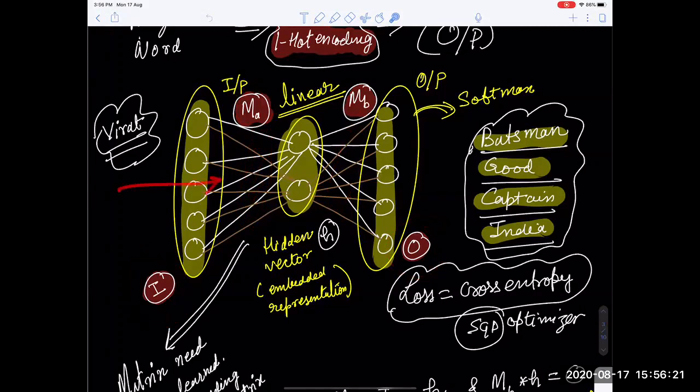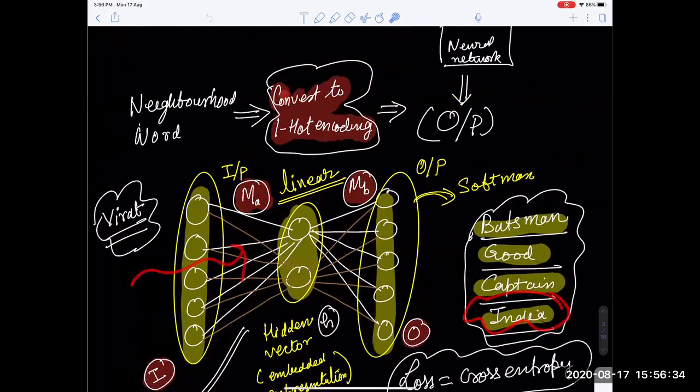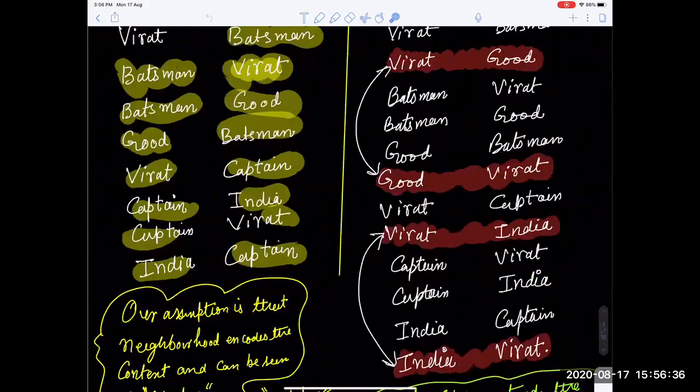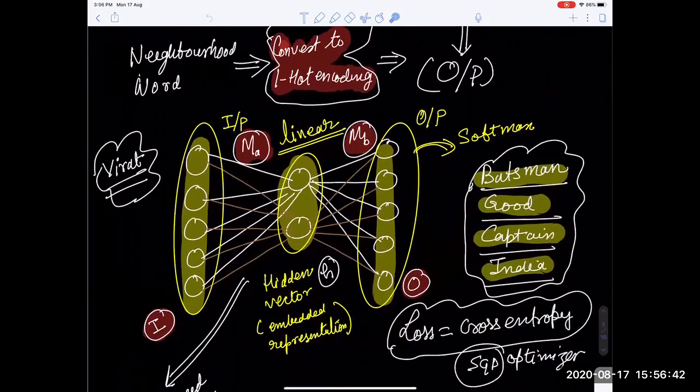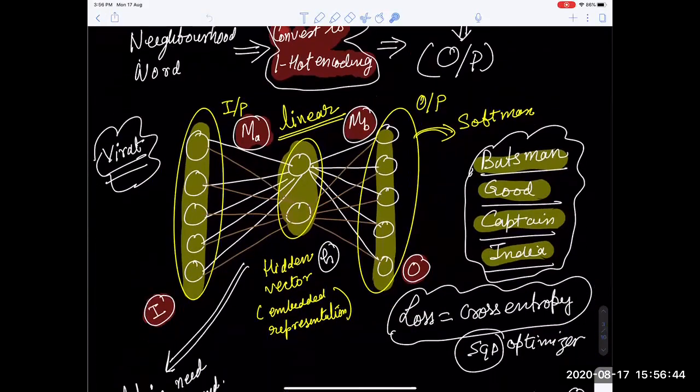Virat goes in, batsman has to come out; then Virat goes in again, good needs to come out; then Virat goes in, and captain should come out; and again Virat goes in, and India needs to come out. In this way, I am going to send all of them one by one into my network, and let this network understand what the hidden representation is.